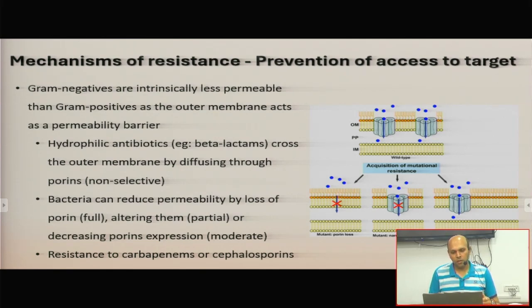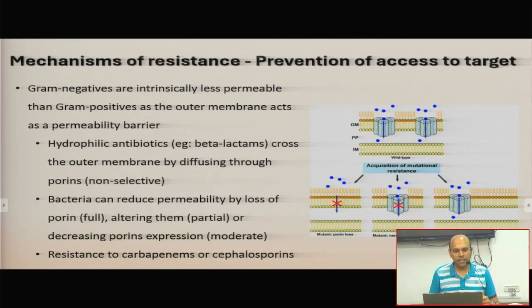Loss of porin, then altering them, which is partial loss, and then third is decreasing porin expression, which is moderate loss. You can see that very nicely in the picture on your right hand side.